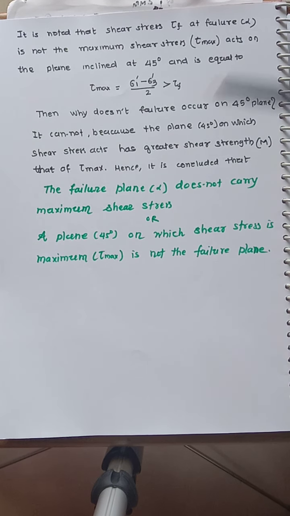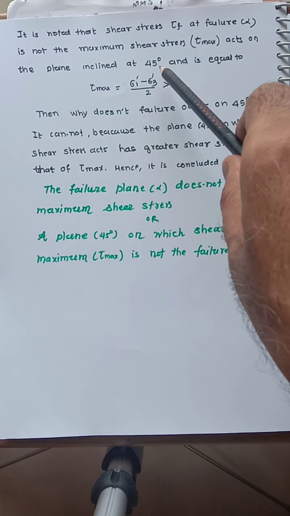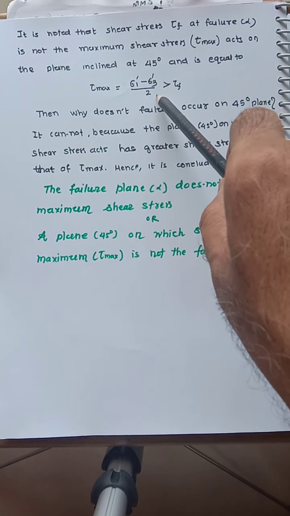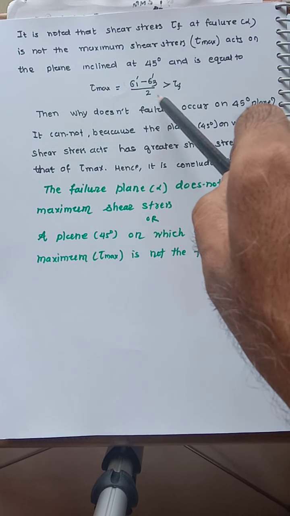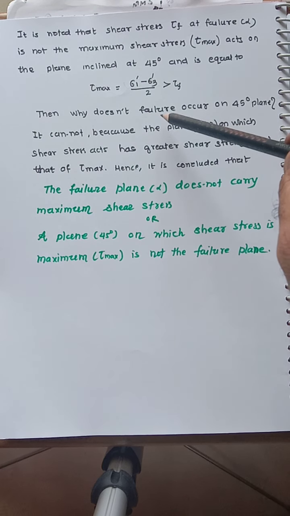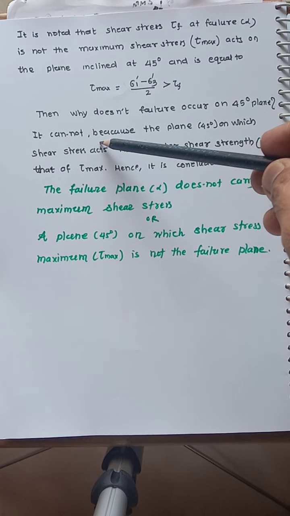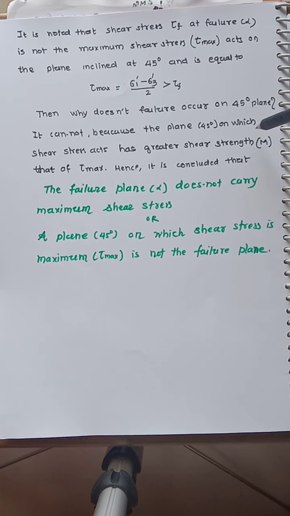Okay, tau maximum is inclined at 45 degrees, and it is the radius of the circle, (sigma 1 dash minus sigma 3 dash) by 2. Then why does the failure not occur on the 45 degree plane? It cannot, because the 45 degree plane on which this shear stress acts has a greater shear strength, at point M, than that of tau max.